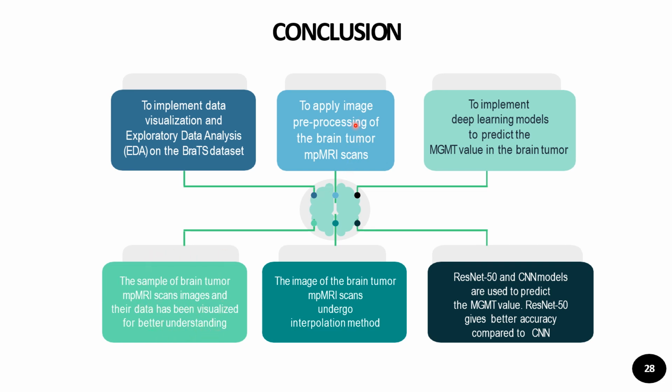The second objective is to apply image processing to the brain tumor MRI scan, where the images undergo the interpolation method for image pre-processing, and after that we implement deep learning models to predict the MGMT value in the brain tumor. We use 2 deep learning models, ResNet-50 and CNN, to predict the MGMT value. The ResNet-50 gives better accuracy, around 86%, compared to CNN, which gives only 85%.